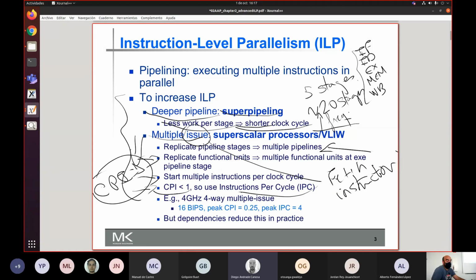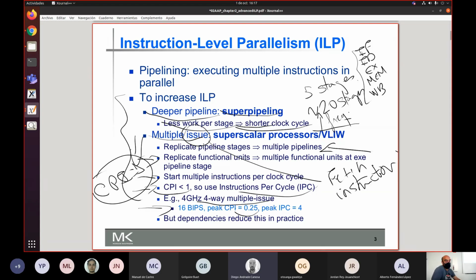Okay, so this is a rough calculation about what happens in a computer with 4-way multiple issue. 4-way multiple issue means that the computer is able to start the execution of 4 new instructions every cycle. Well, theoretically, you are able to achieve a CPI of as small as 0.25. Okay, here, the smaller the better, okay, because we are clearly below the value of 1.